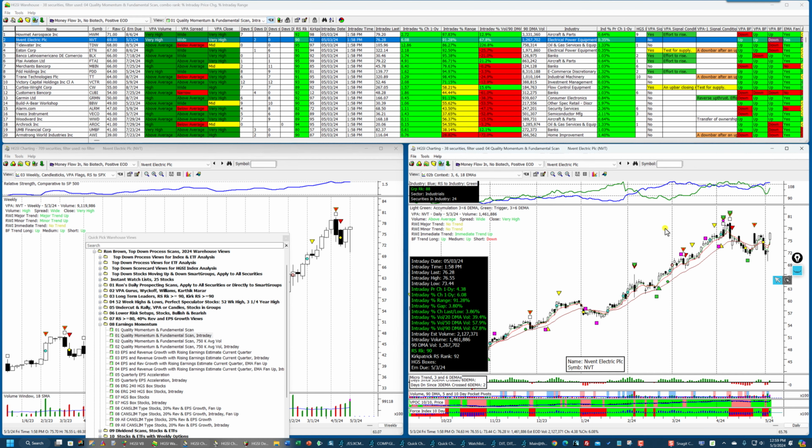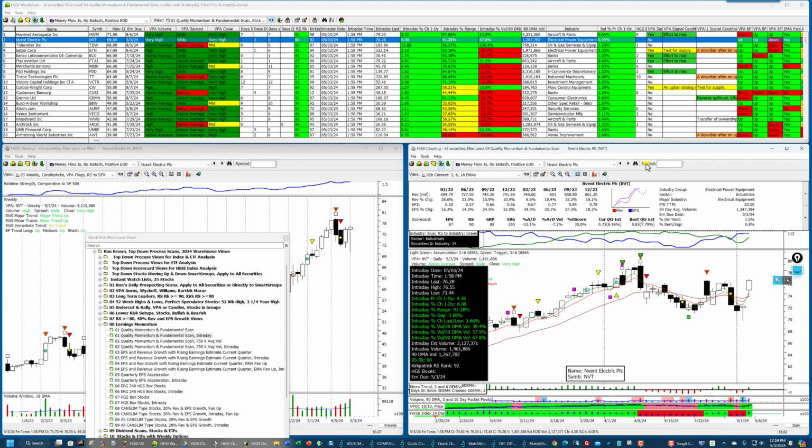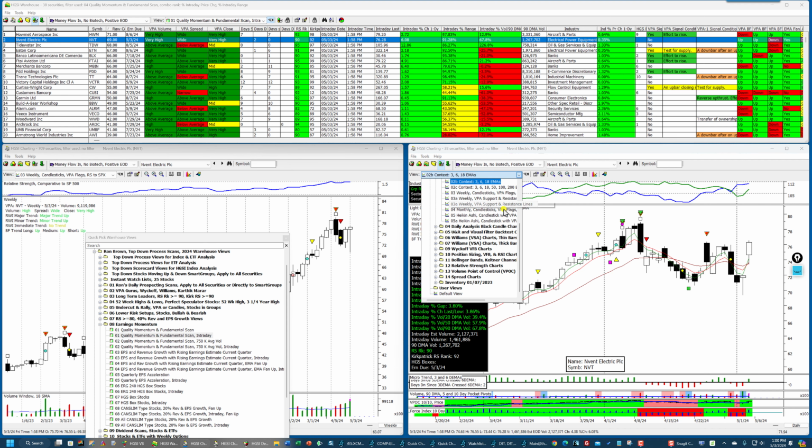And let's look at it. Okay, I'll zoom in a little bit and bring up the information. Now I need to go back to that other chart where we can see the information.